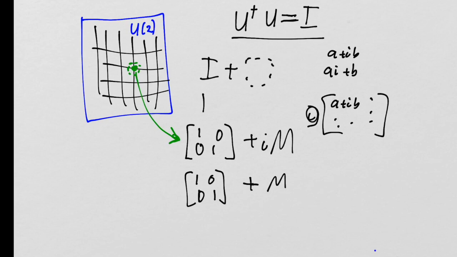So multiplying by a constant out in front doesn't really matter much. So Gilmore does it, so we're going to do it. So we're going to use this to represent a matrix close to the identity, understanding that the entries of M must be infinitesimal. Okay, and then maybe I'll compare it with this at the end.